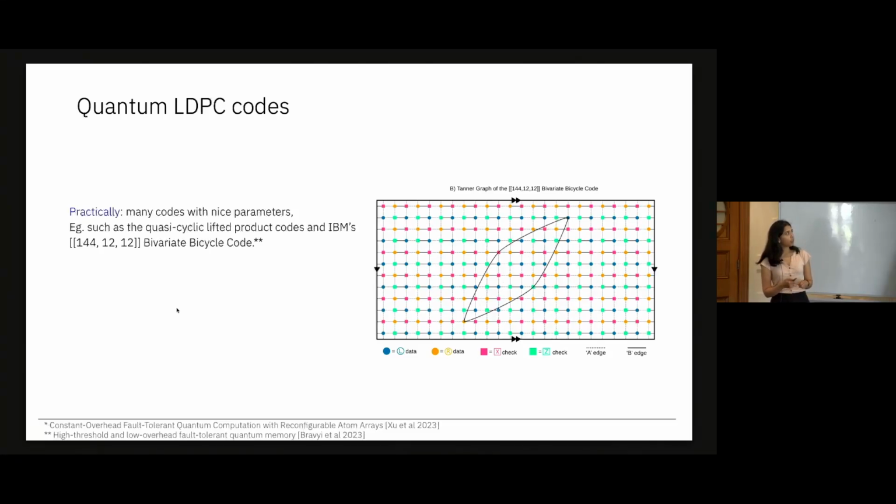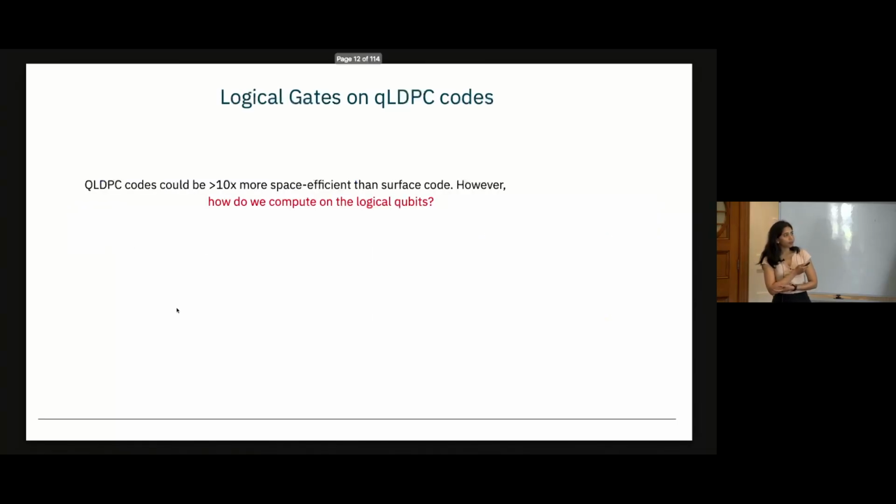And as we can see, the parameters are clearly a lot better than the surface code, because if you have distance 12, 144 qubits or 288 qubits would encode 12 logical qubits instead of just one. So this is already encoding something like 12 times more information. And counting ancillas, it's still higher. But it seems like there's been a lot of progress in efficient memories. And the next question, at least in the last few years, was how to do gates on these codes.